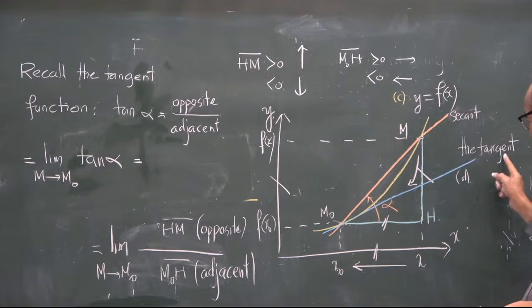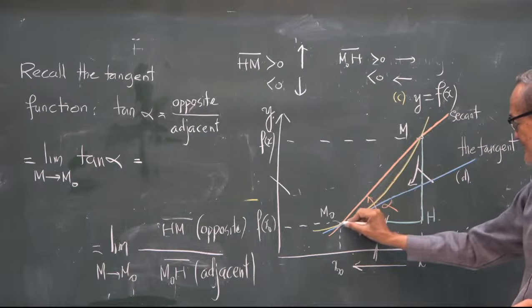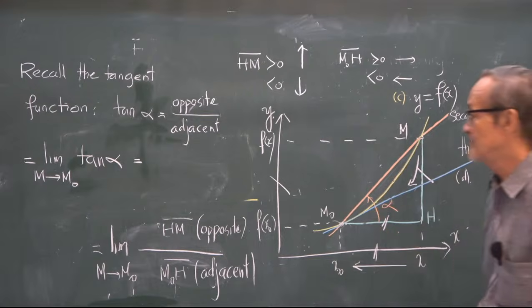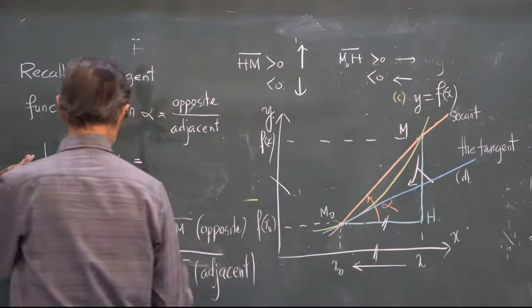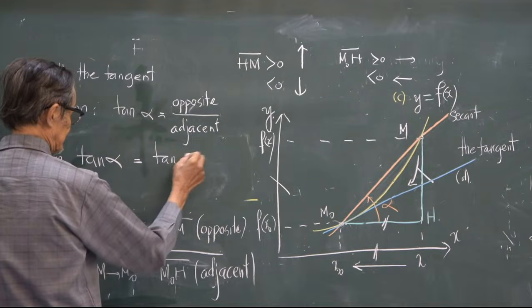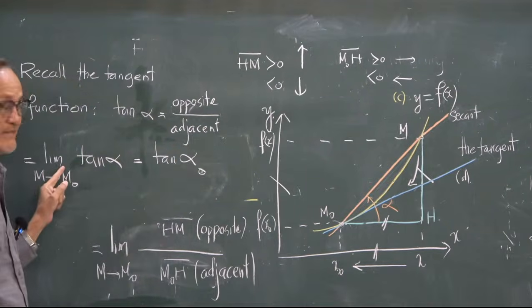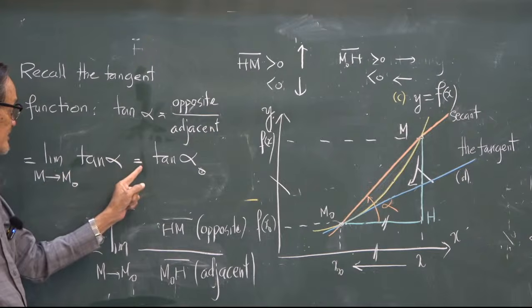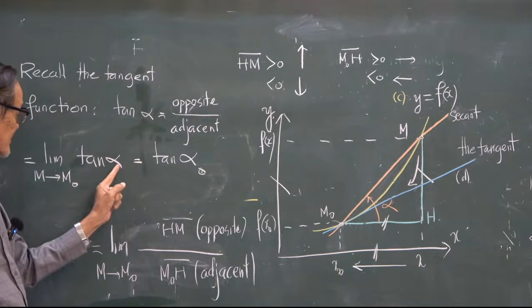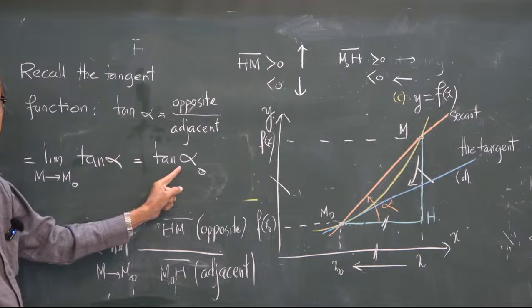The limit equals tangent alpha tends to alpha 0.